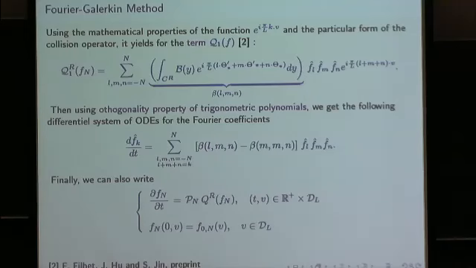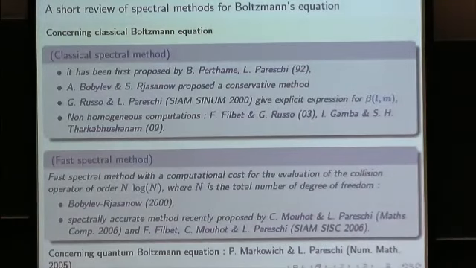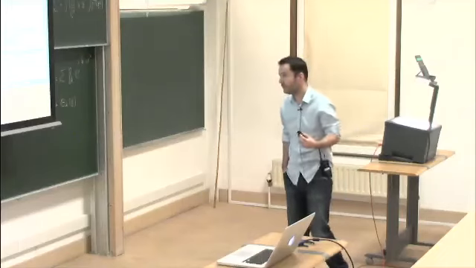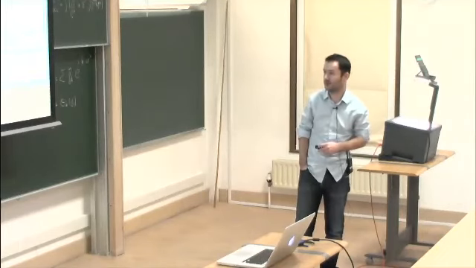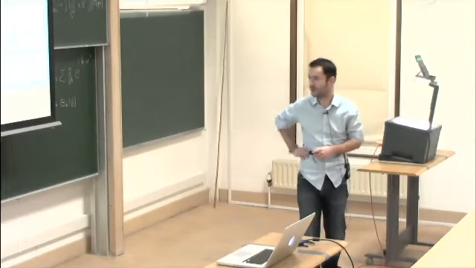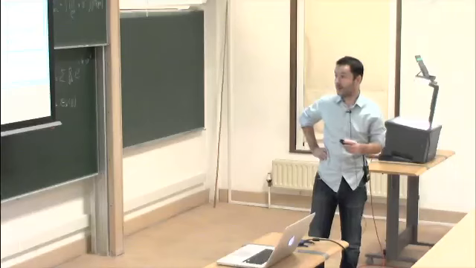But actually, you can reduce this domain of integration to a simple integral of dimension 1, and even for physical cases, such as Maxwellian molecules or hard sphere, you have an explicit expression of this coefficient beta L and N. So in fact, it doesn't matter. The computation of this coefficient for interesting cases is really an easy thing.